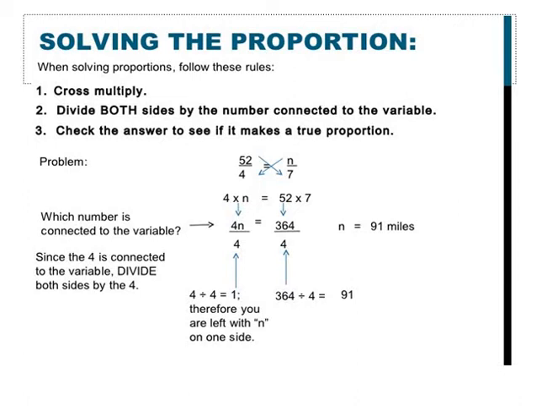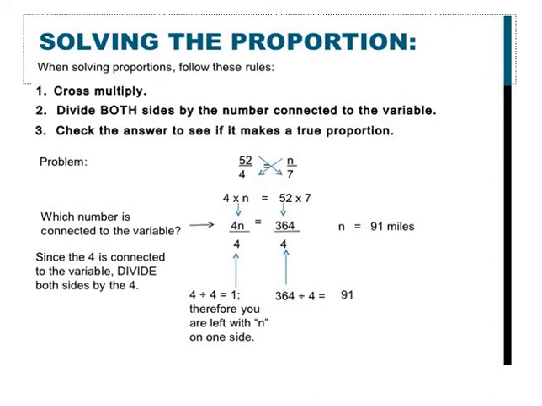For example, you have here the problem 52 over 4 equals n over 7. What shall I do, miss? Here I will multiply n times 4 and 52 times 7, as you can see. So it will be 4n equals 364.